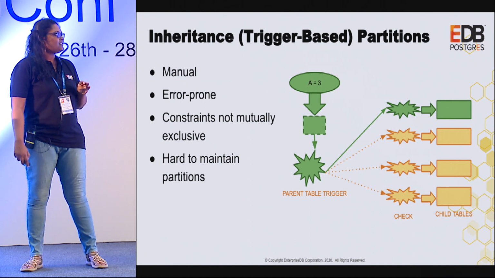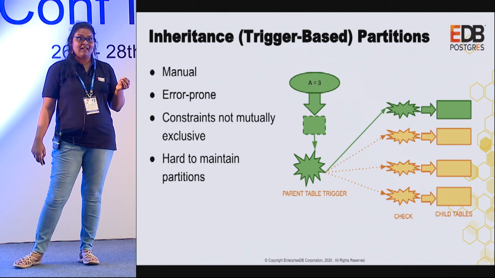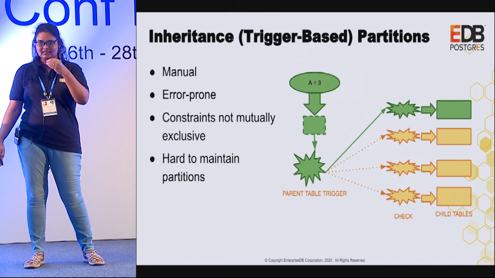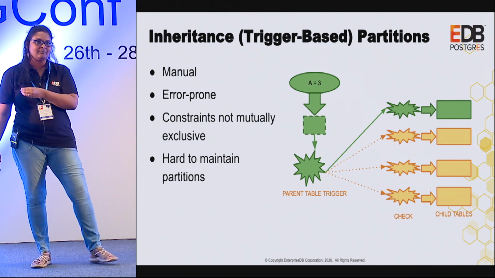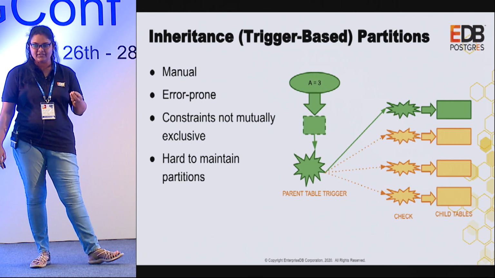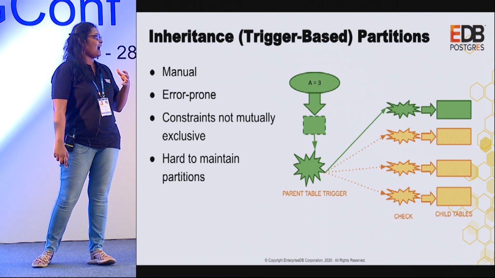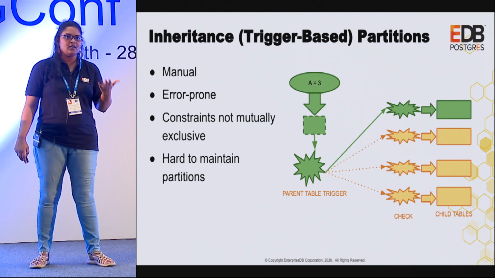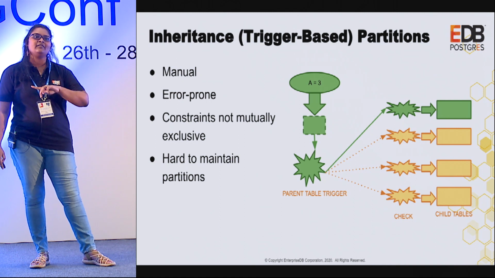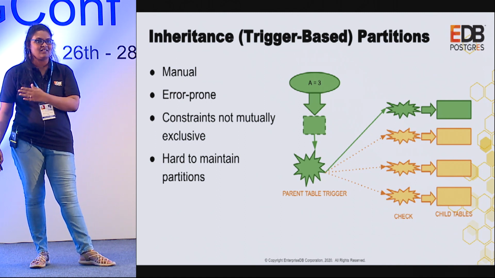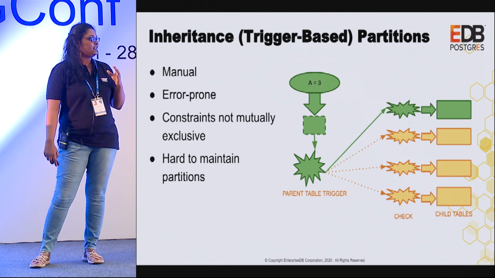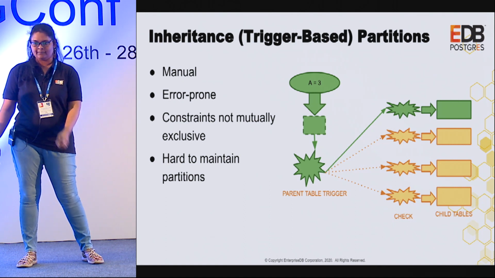There is no way to have an automated check to see whether the constraints of the child partitions are mutually exclusive, and hence it was very hard to maintain and error prone, because if you have to remove a partition, you'll have to edit the trigger and then remove the check constraint, and there is a lot of stuff that you need to do to perform a simple operation.